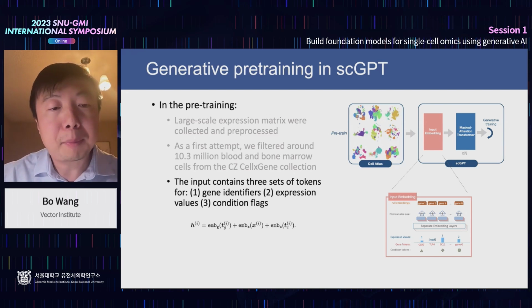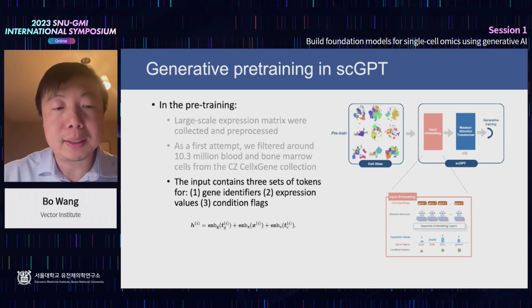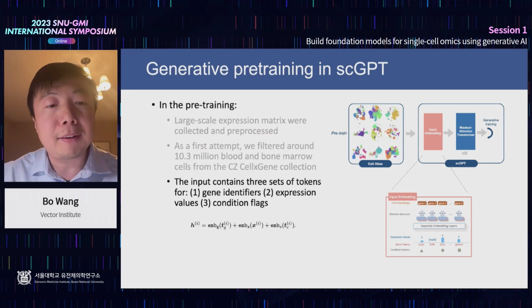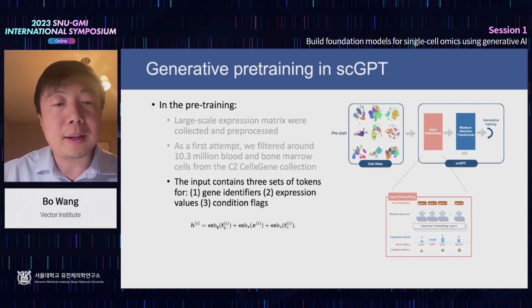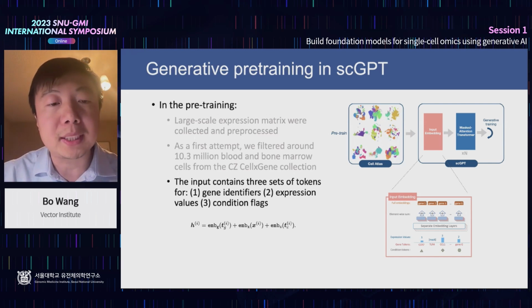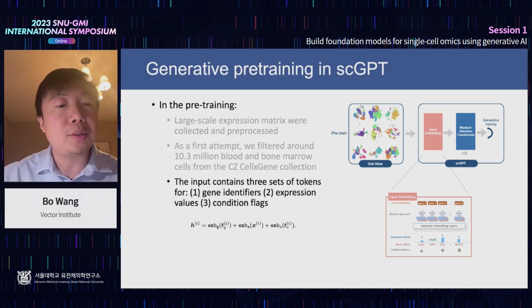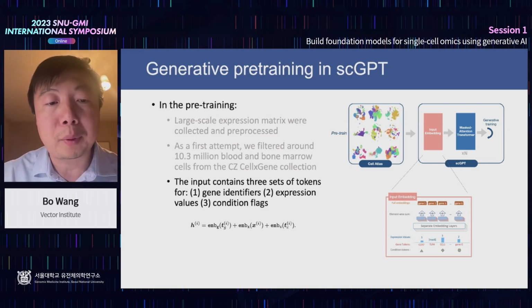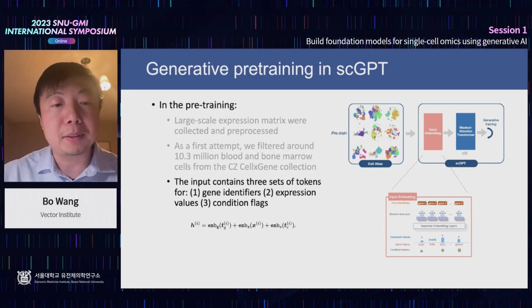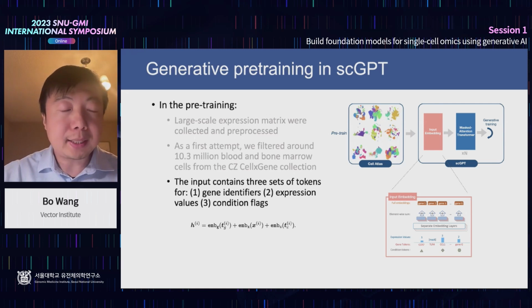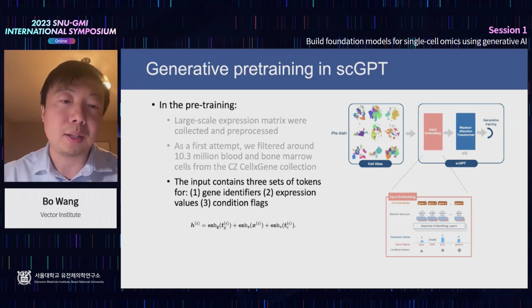The third input for scGPT, we call condition tokens. It's an innovation we made to be flexible to incorporate metadata. For example, we can use these condition tokens to incorporate which genes are perturbed for perturbation tasks. So this condition token is really a very flexible mechanism for us to incorporate metadata for single cells.